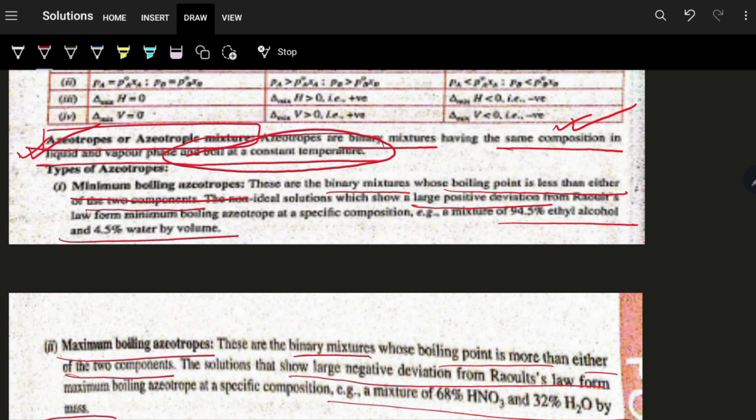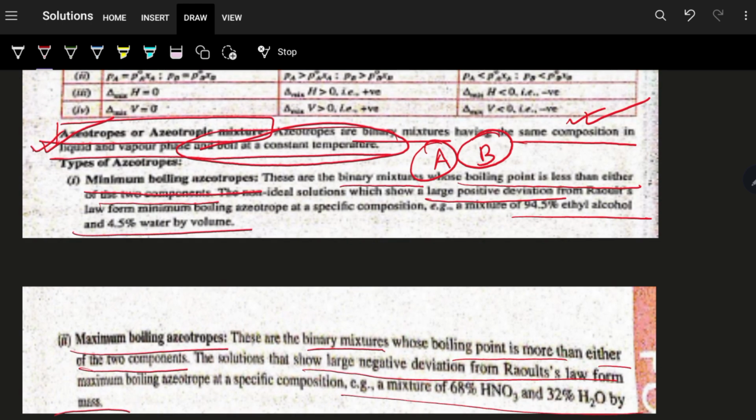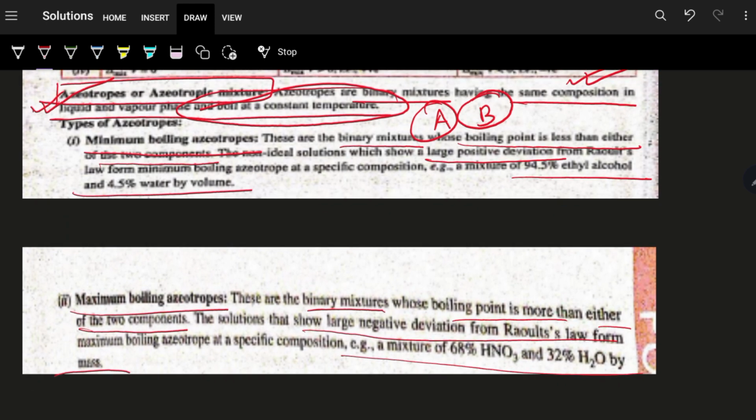See, if I take two liquids or two substances A and B, obviously A and B will have different boiling temperatures, but the temperature at which they boil is constant for an azeotropic mixture. And remember that the composition in the liquid phase and the vapor phase is the same for an azeotropic mixture. We have two types of azeotropic mixture.